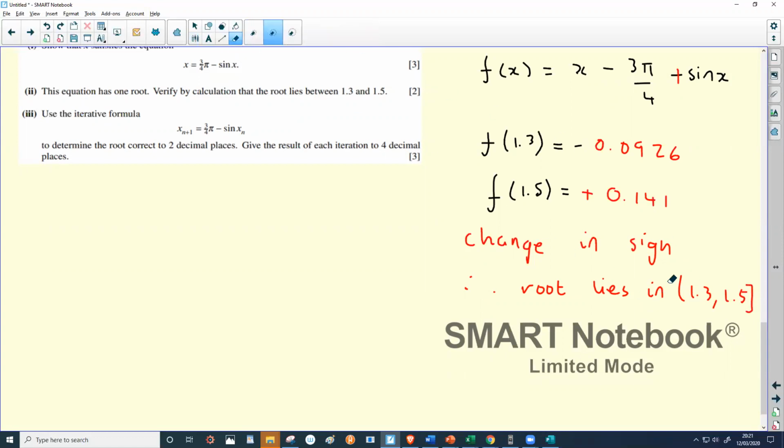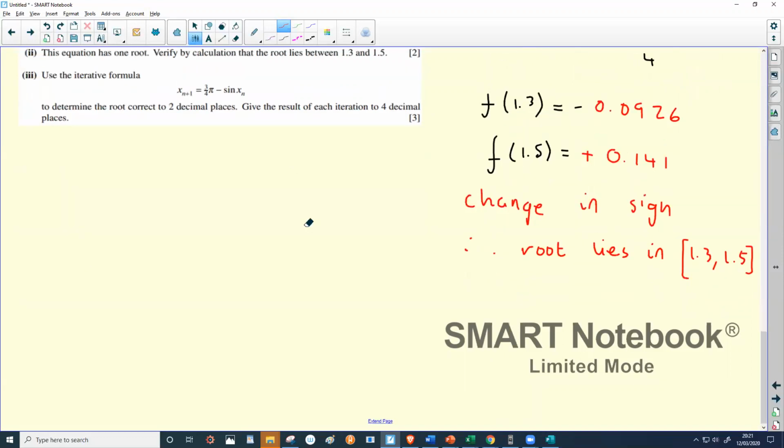Actually, it should be a square sort of bracket. Right, okay. So now it's saying use the iterative formula to determine the root, correct to 2 decimal places, give the result of each iteration to 4 decimal places.